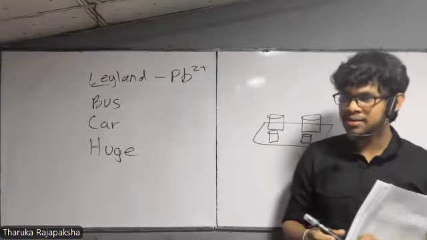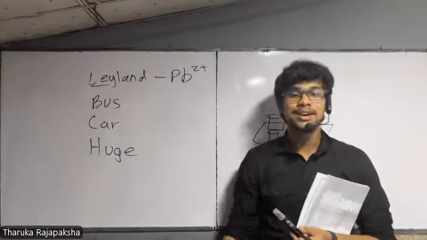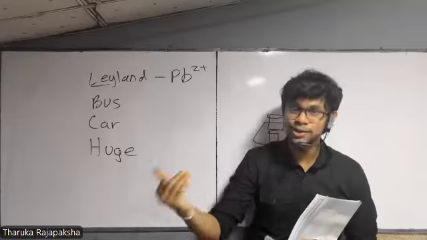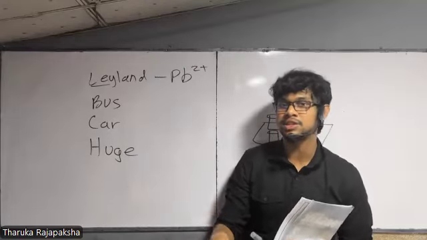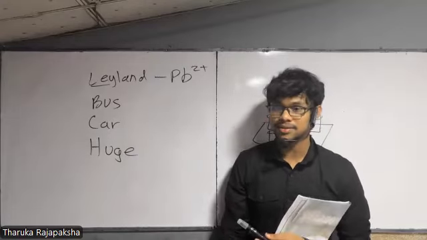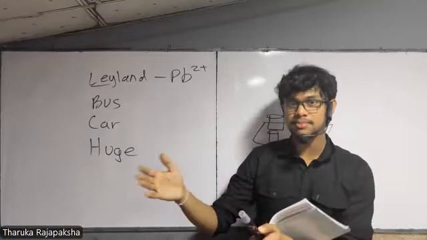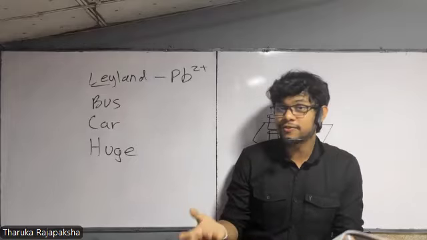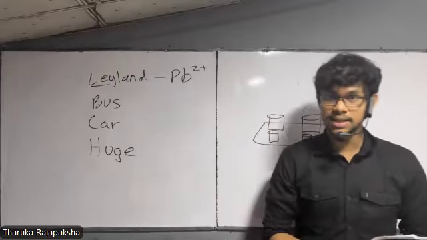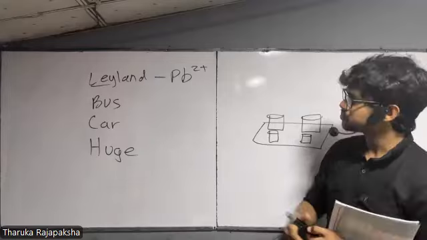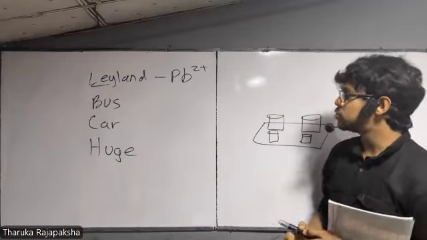Why is it there again? It's among the remaining ones. Actually, we just want to tell that lead 2+ is precipitated with H2S. This cation analysis is not a chain process. We just want to organize them so that we can identify certain cations. So Pb2+ will precipitate as lead sulfide, PbS.